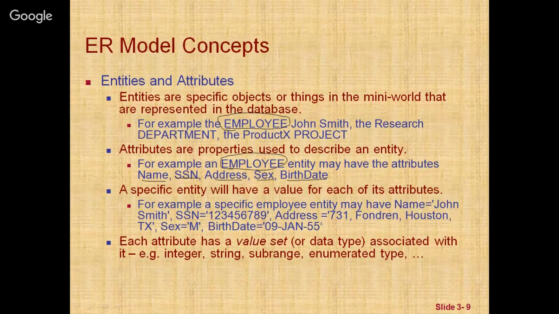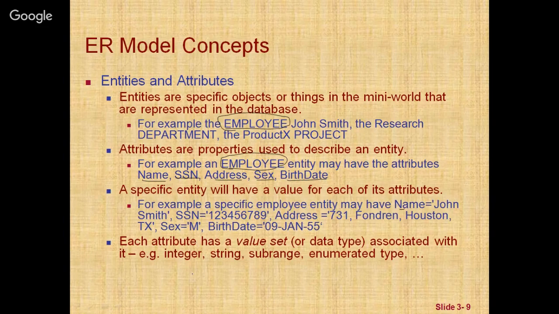So here we say name is John Smith. Social security number is 123456789. His address is 731 Fondren, Houston, Texas. And his gender is male and birth date is 9th of January 1955. These are the values. So all attributes have values.